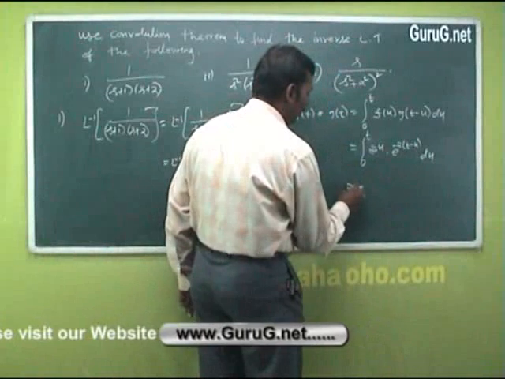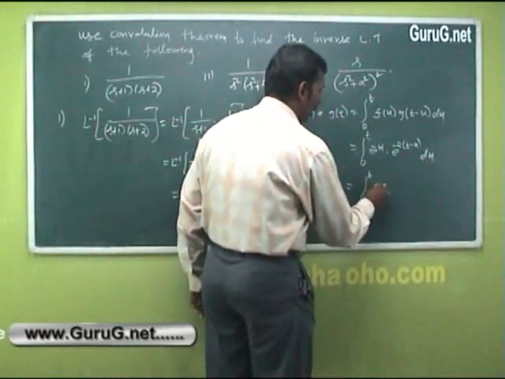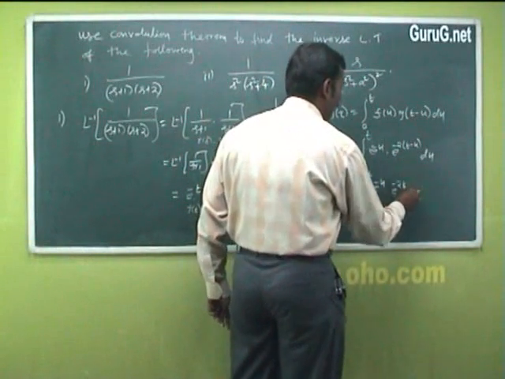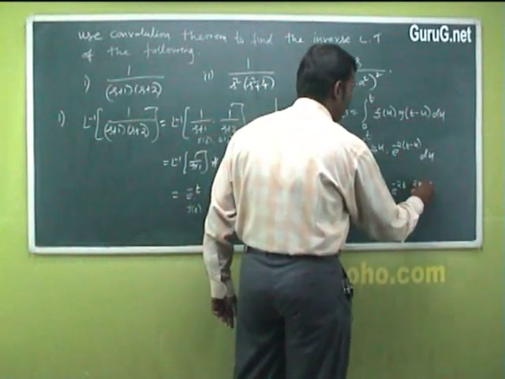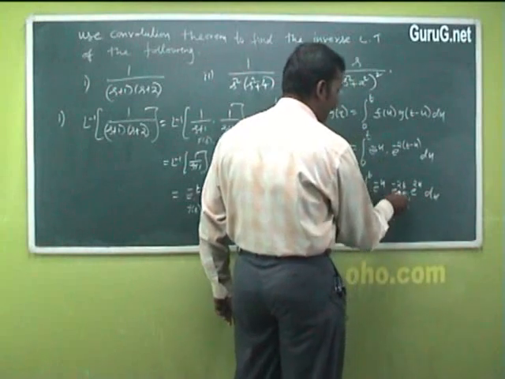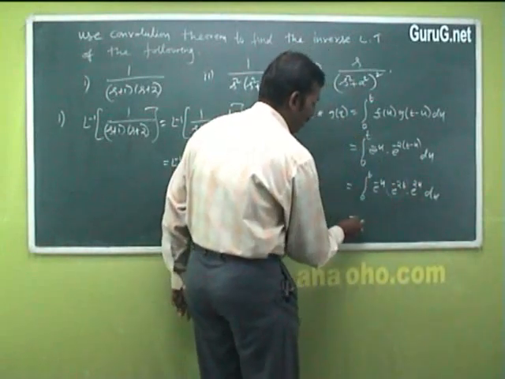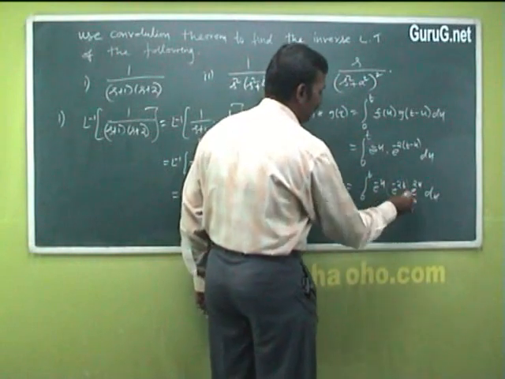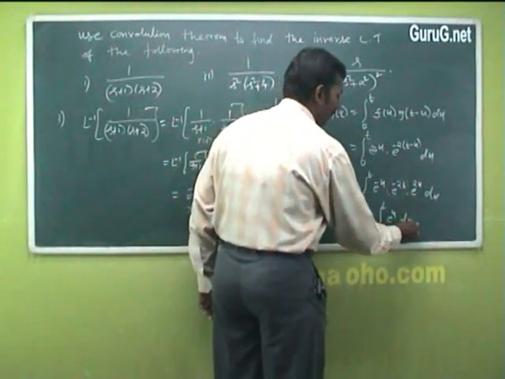This splits into the integral 0 to t e power minus u, e power minus 2t into e power plus 2u du. e power minus 2t is independent of u, so take it outside: e power minus 2t integral 0 to t, combined, e power u du.